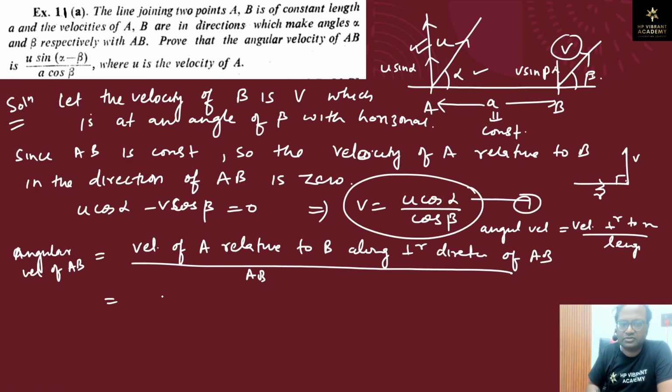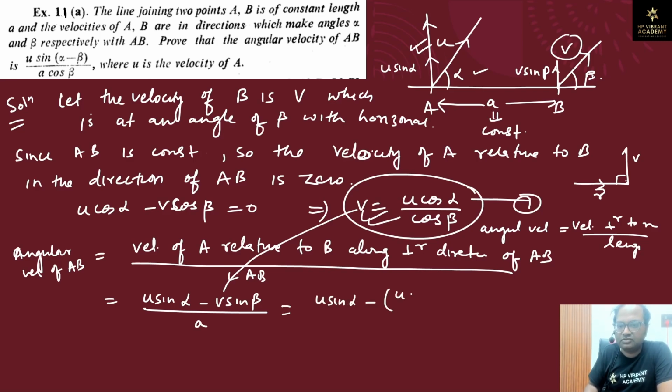So the relative velocity is u sin alpha minus v sin beta, upon AB. AB is a. Let us place the value of v here. So this is equal to u sin alpha minus u cos alpha upon cos beta into sin beta, upon a.